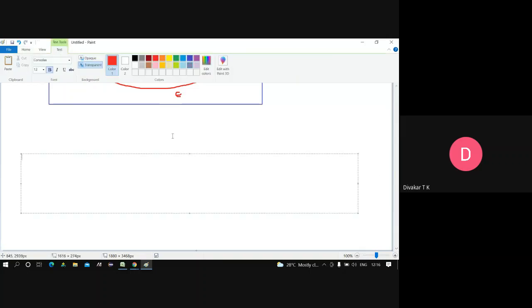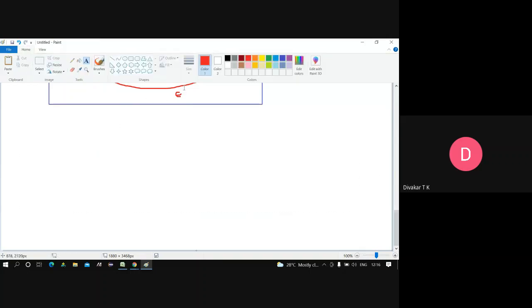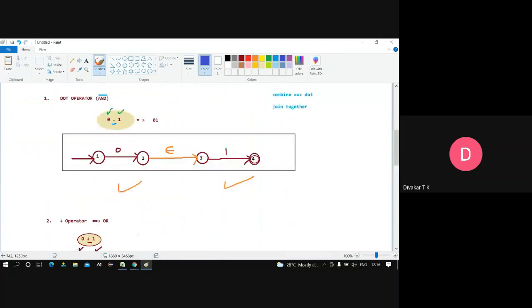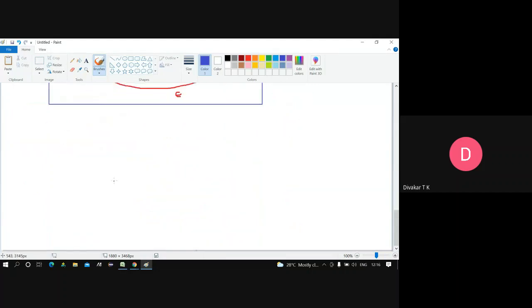So now, how to remember this is easiest, guys. Concentrate for 1 minute. It's easy. First, there is a dot, 0 dot 1 comes. How to do it? Write just 2 states. You write 1 state here and another, 2 states.